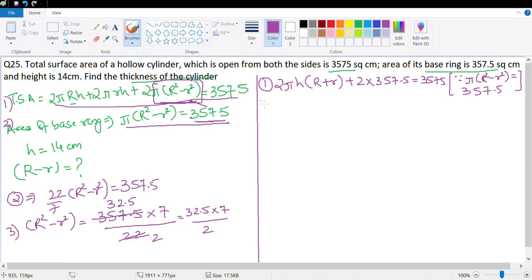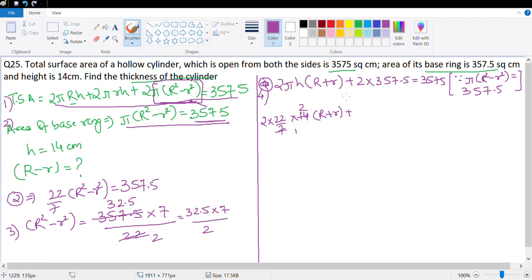So this is 2 pi h, which means 2 into 22 upon 7 into h. H is 14. That's 7 into 1, 7 into 2. R plus r would be plus 357.5 into 2.